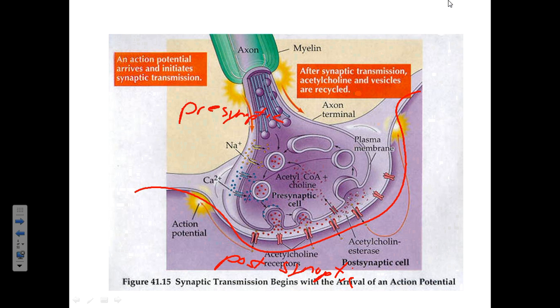The way they communicate is that you've got electricity running through this nerve up here, the impulse. When it gets near the end, it causes this presynaptic neuron to release what? What do these little red dots represent? Neurotransmitters, little signals.